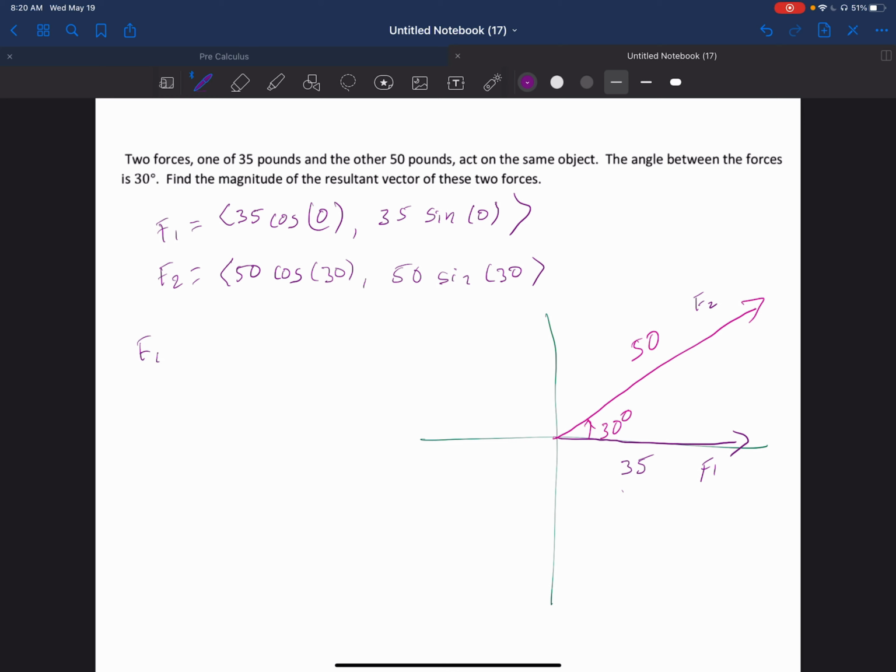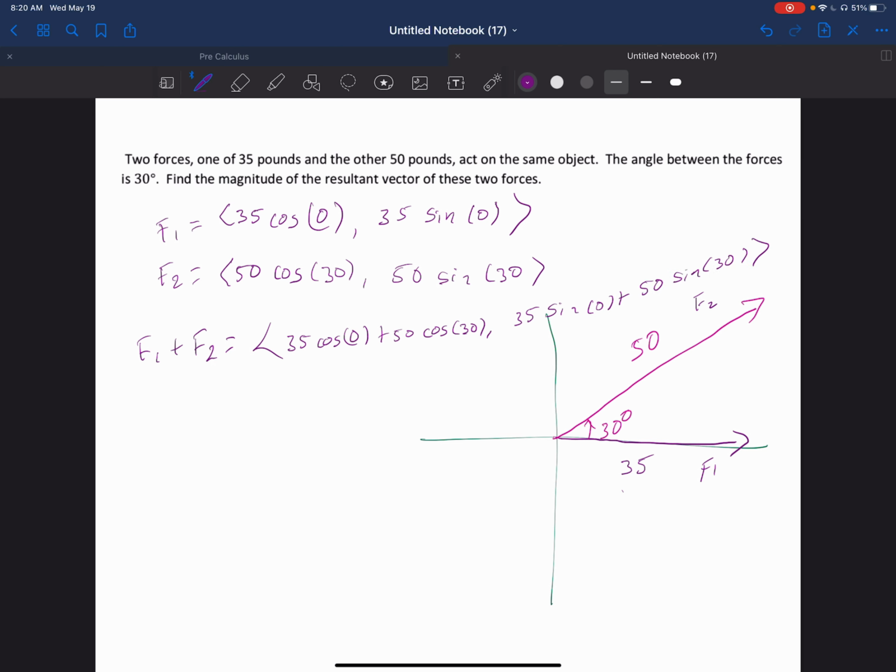So I'm going to do the same thing. I'm going to add them together since I just want to find the magnitude of the resultant force. So that will be 35 cosine of 0 plus 50 cosine of 30, comma 35 sine of 0 plus 50 sine of 30.